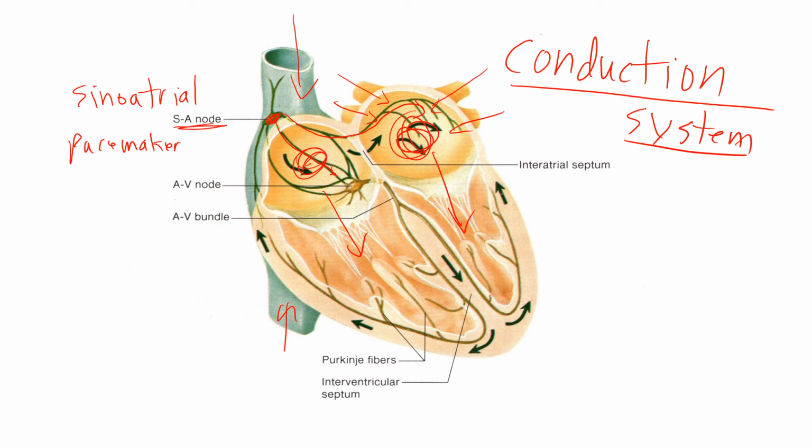All right. Meanwhile, as the ventricles are filling up with blood, the impulse makes its way to the AV node, which is known as the atrioventricular node.